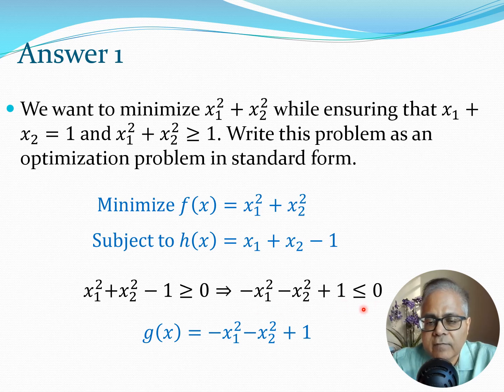Now this is in the form g of x less than or equal to 0, so I can say g of x is minus x1 square minus x2 square plus 1. Remember, the standard form of the optimization problem always says: minimize function f of x subject to h of x equal to 0 and g of x less than or equal to 0.